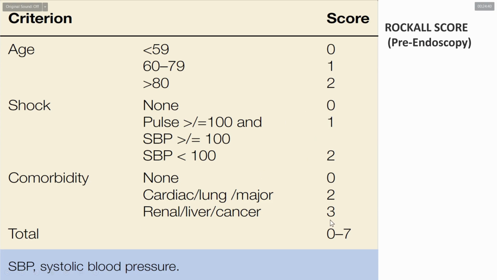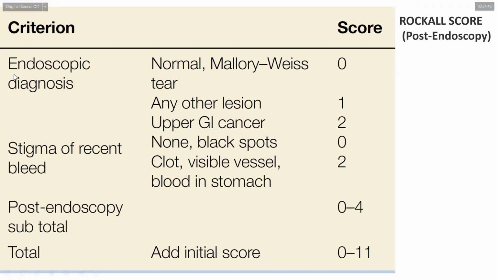These scores will give you a value, and the higher the value, the higher the risk of rebleeding. Endoscopic findings also matter. So if you have a Mallory-Weiss tear, you score 0. That's not life-threatening. Whereas if you have an actively bleeding clot or ulcers, that's very serious. It will give you 2.